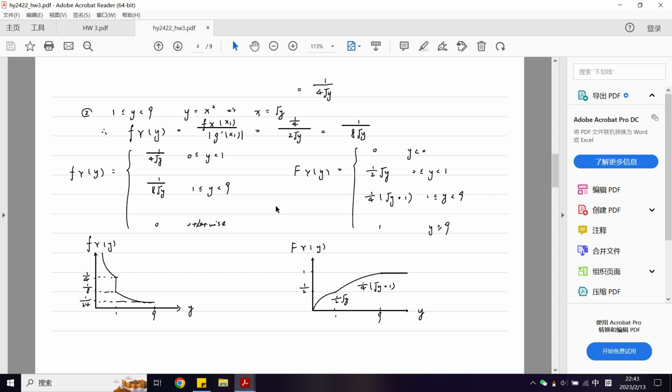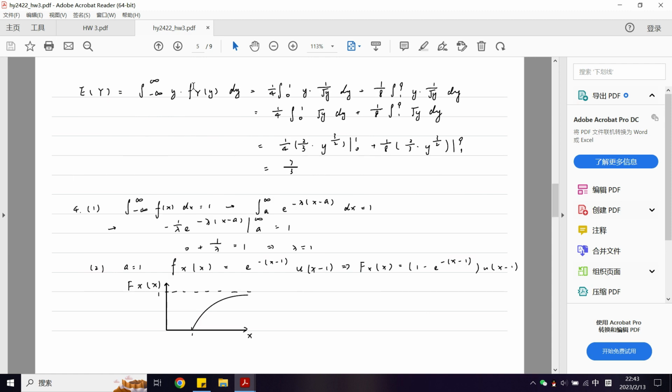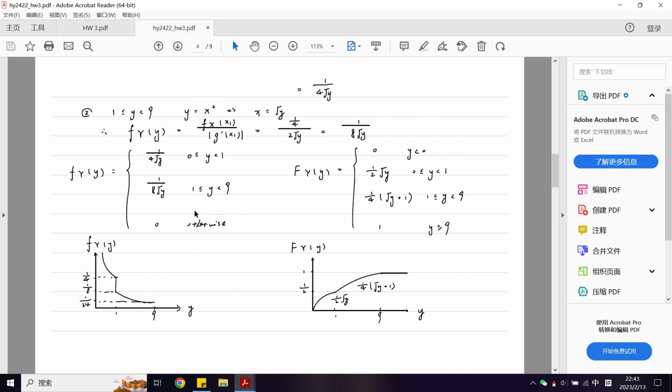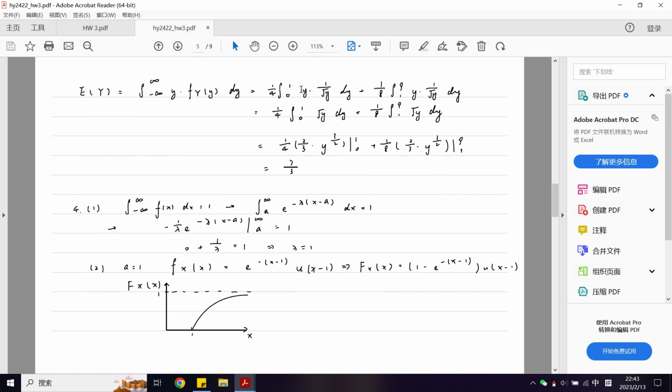So we have now calculated small fy and big Fy. Finally we need to find EY. EY is based on small fy, so we need to find the integration of y times small fy to get EY.